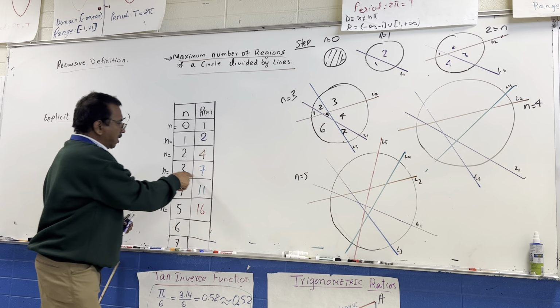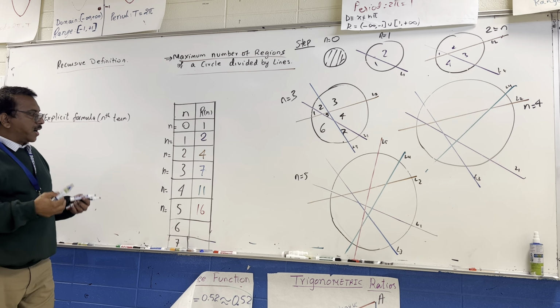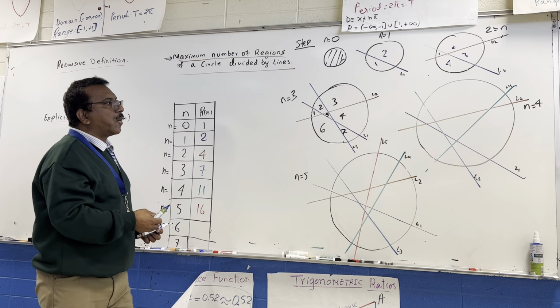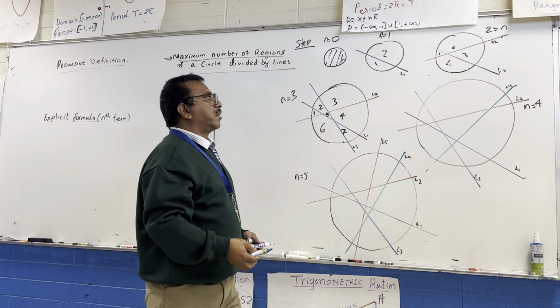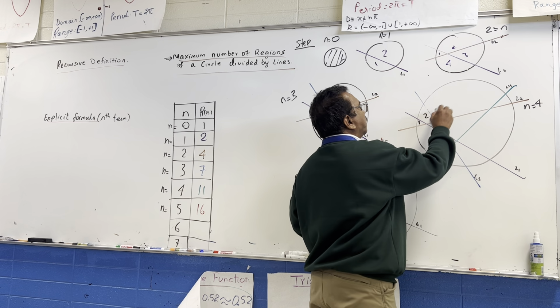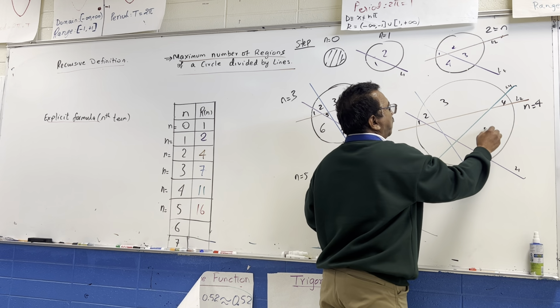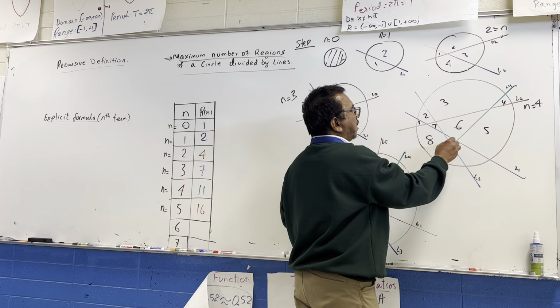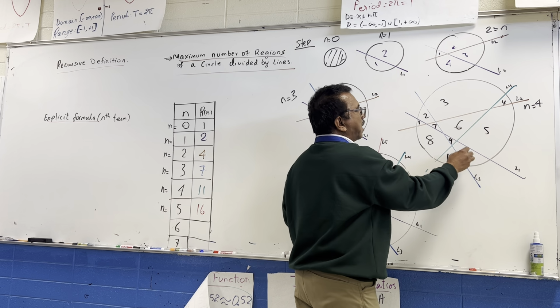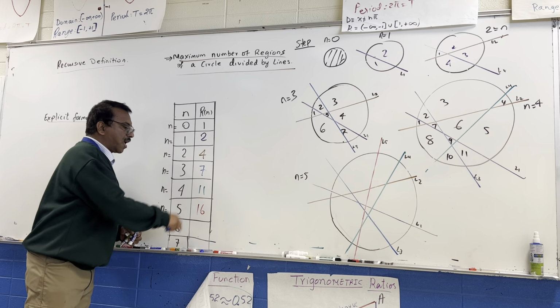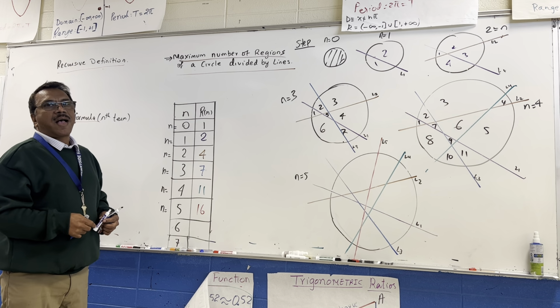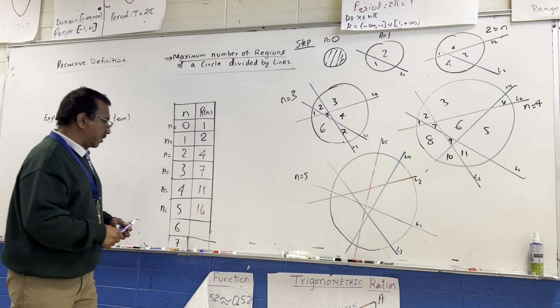There you go, 7. Then I added another line, the green one. When I draw the green line, you can count them. Let's count 1, 2, 3, 4, 5, 6, 7, 8, 9, 10, and 11. So if n is 4 lines, then the answer is 11. After that, I added another line, the red one.